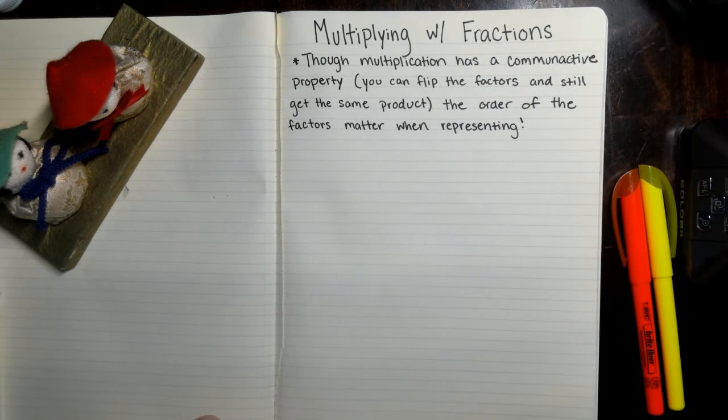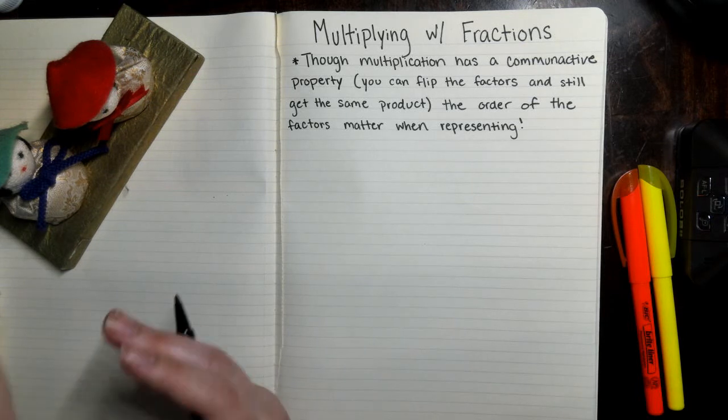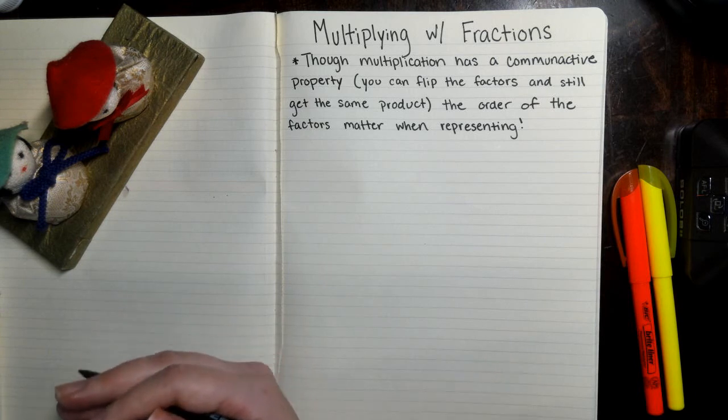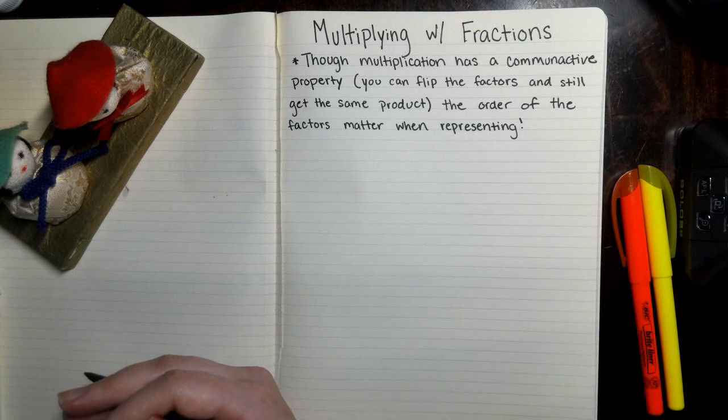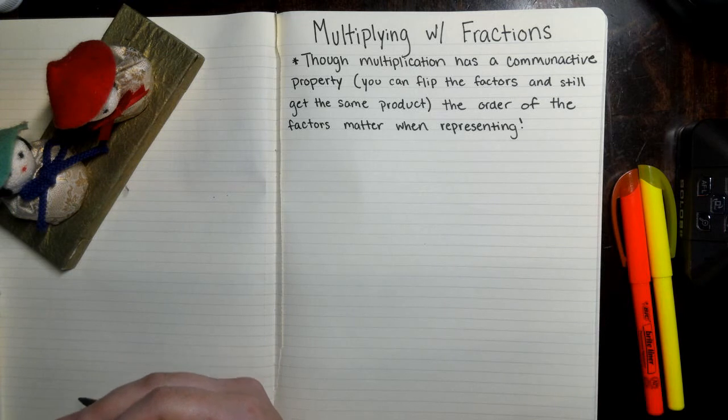So even though I know that 4 times 2 equals 8 and 2 times 4 equals 8, the order in which I write them really does matter, because I can have 4 groups of 2, or I can have 2 groups of 4. It's different, and it would look different depending on which numbers come first, which factors come first.